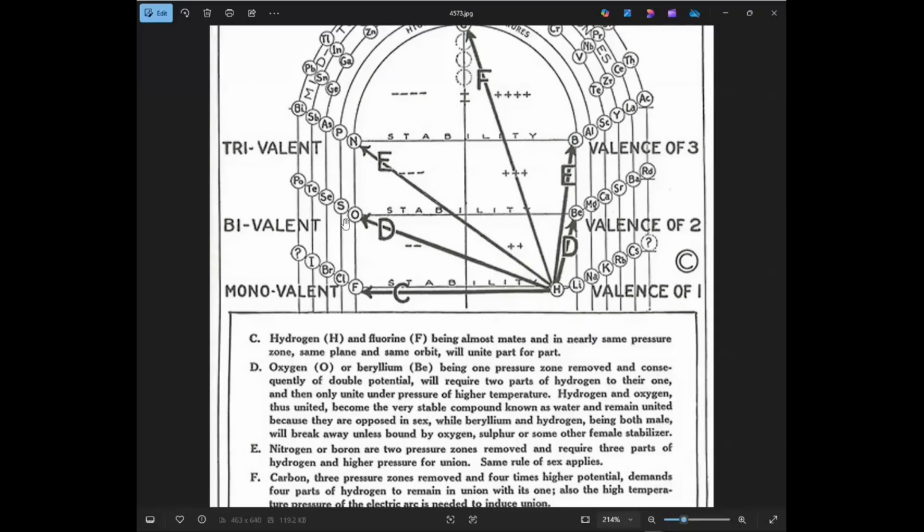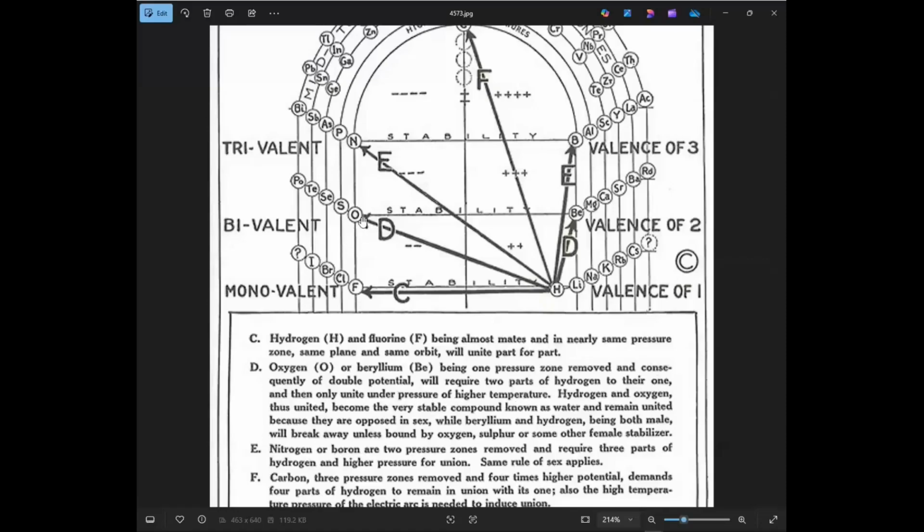Oh, it's right up here. Or beryllium, which is Be, right up here. We see those are in the second potential position or pressure zone. So oxygen or beryllium, being one pressure zone removed and consequently of double potential, will require 2 parts of hydrogen to their 1 part, and only unite under pressure of higher temperature.